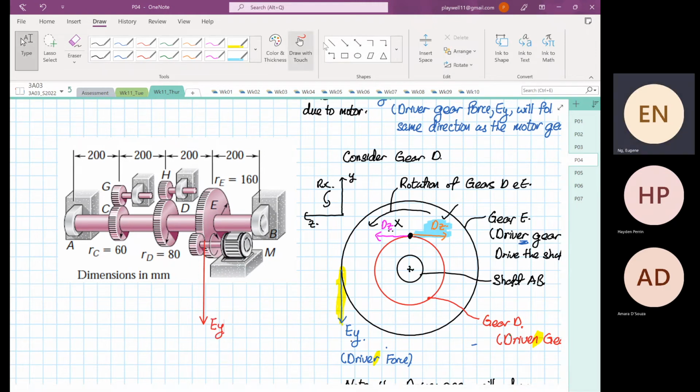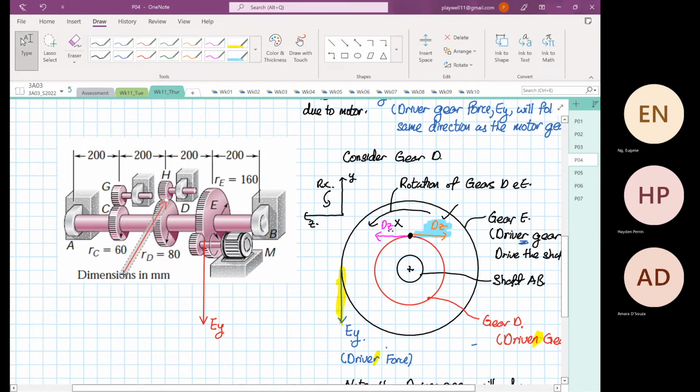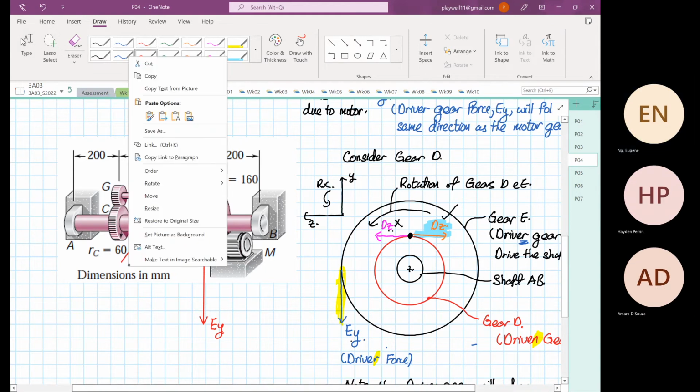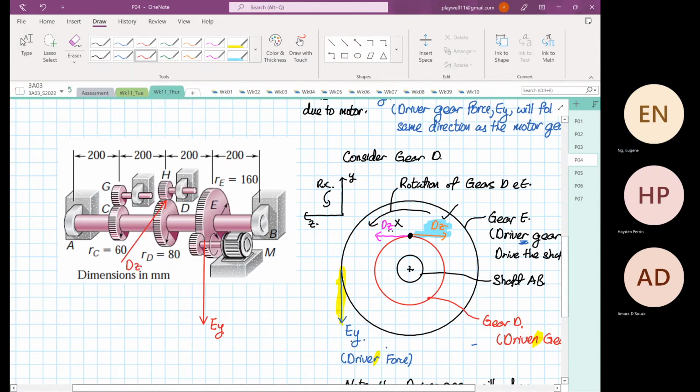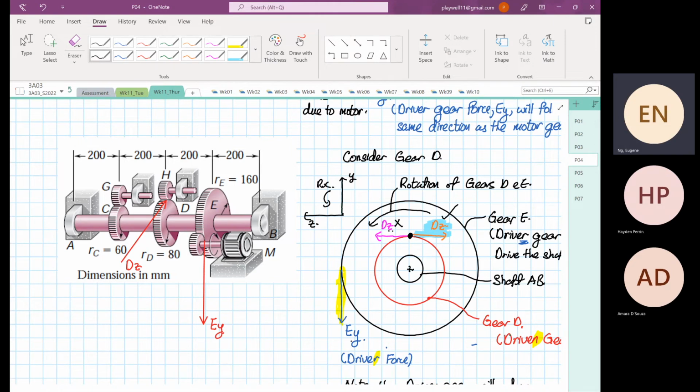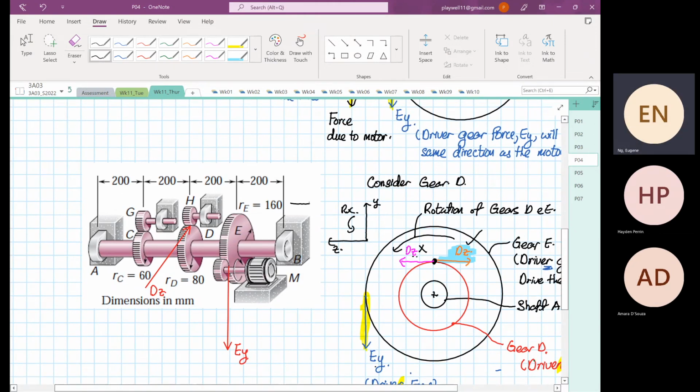And over in your D will be in your DZ, and it will oppose. It will go in this direction. Okay, I think I drew too steep. This is your DZ, right? So why is it in that direction? Because if I were to draw the transformation over here, this is your x, this is your y, and this is your z.